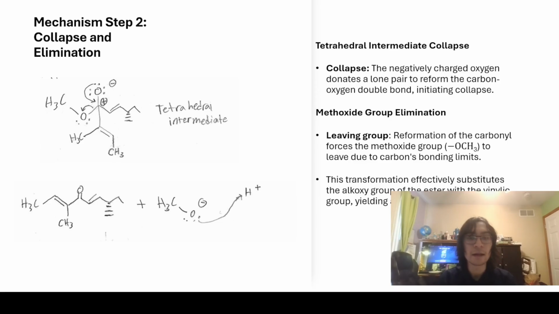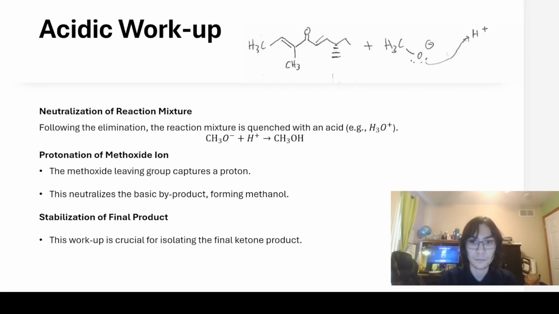Because the carbon can't have five bonds, it forces the methoxide leaving group to split apart and depart. I show it with another curved arrow, which indicates the cleavage of the carbon-oxygen bond. This step is driven by the reformation of the strong carbon-oxygen double bond.